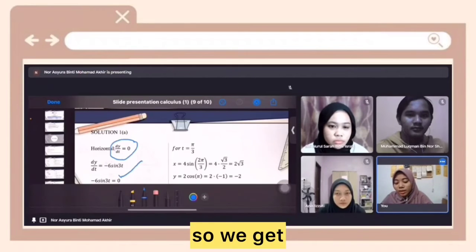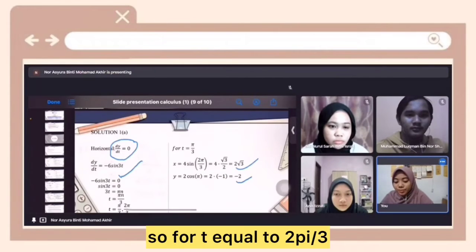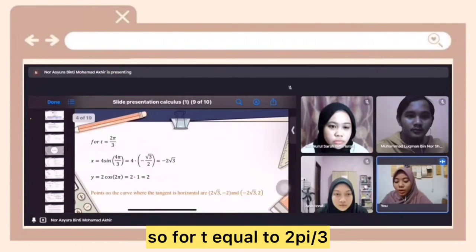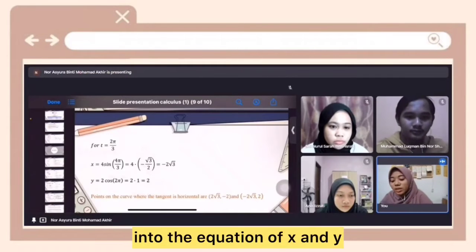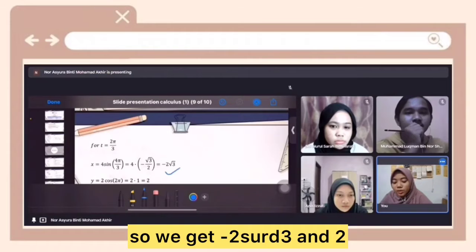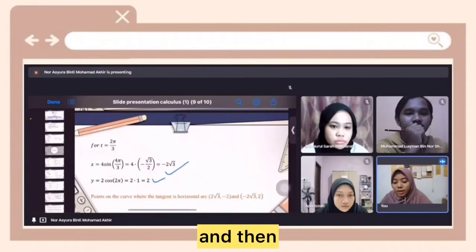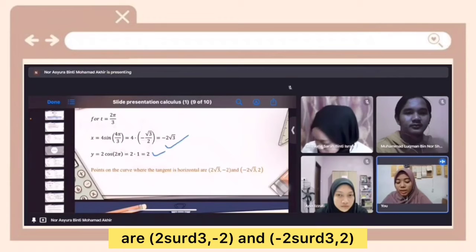So we get 2 sec 3 and negative 2 for y. For t equal to 2 pi over 3, we substitute into the equations of x and y, and we get negative 2 sec 3 and 2.